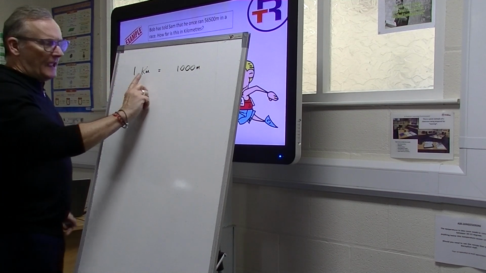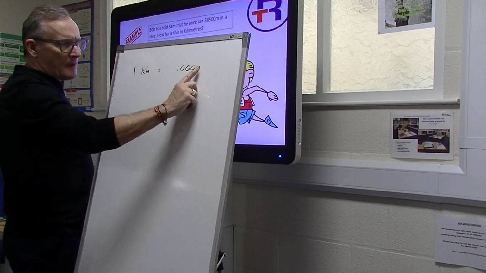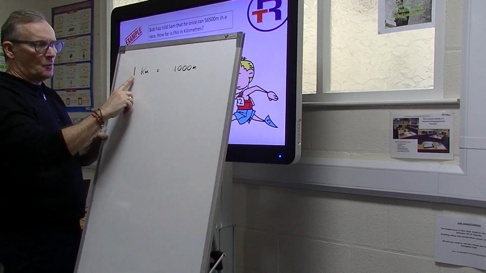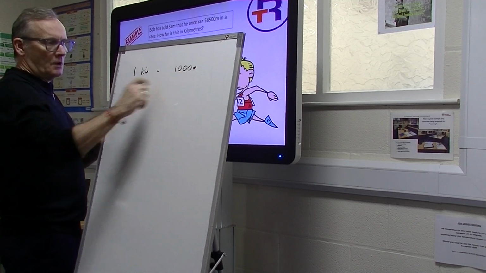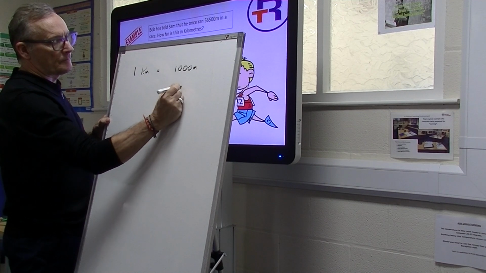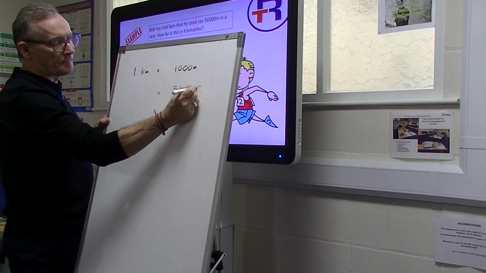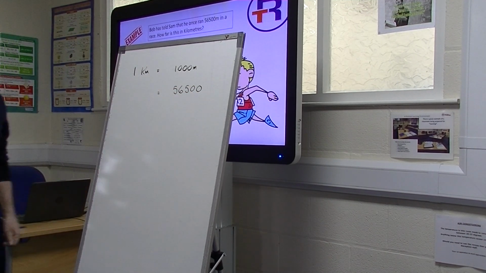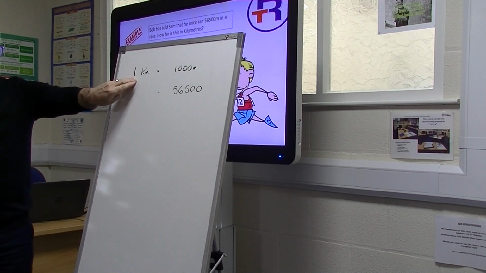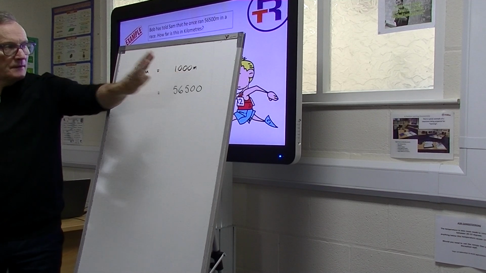Forgetting the units of measurement for a second and just concentrating on the numbers, 1 is smaller than 1,000. So if I've got 56,500, this number has got to get smaller.